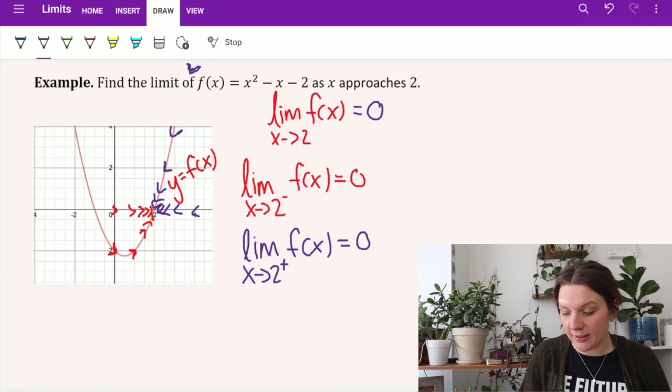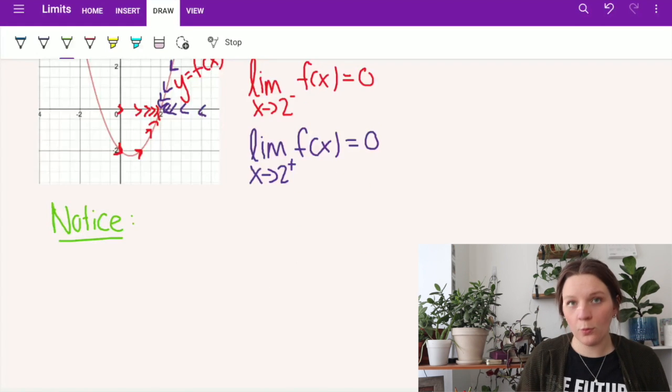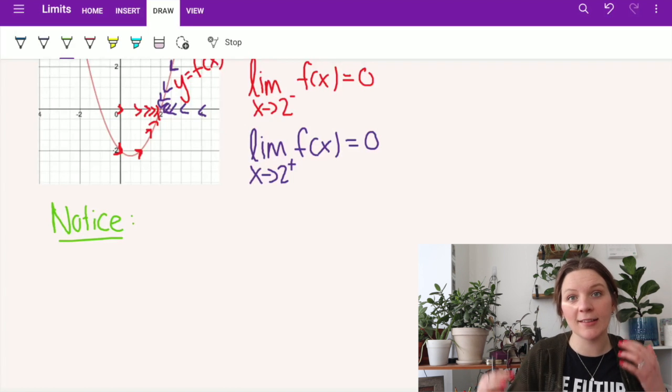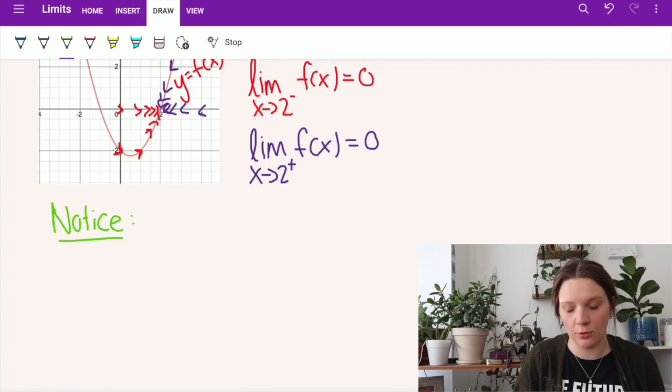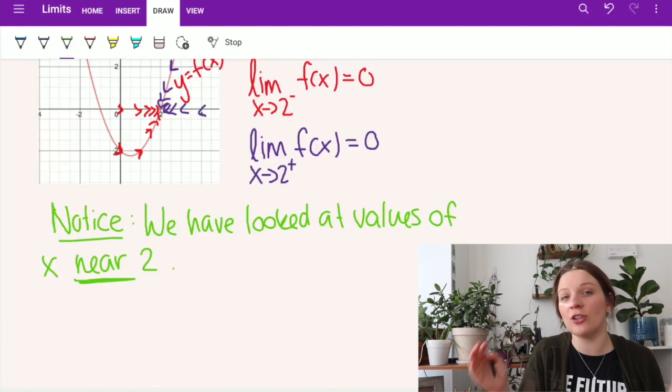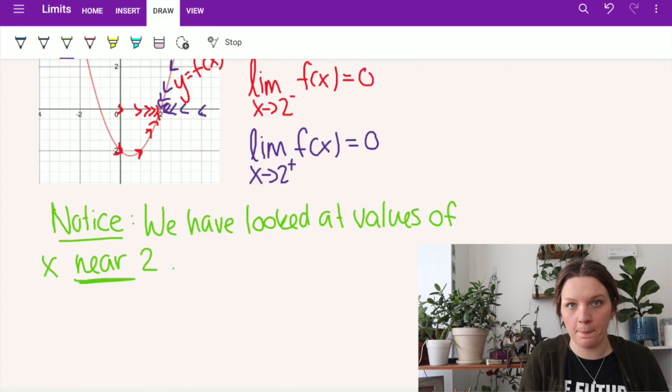Notice something interesting happening here. We were looking at values of x very near 2, but we weren't actually talking about the function at 2. So the limit specifically is looking at the behavior of the function near the value.